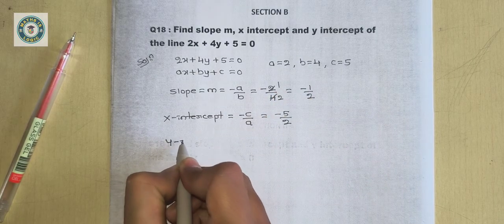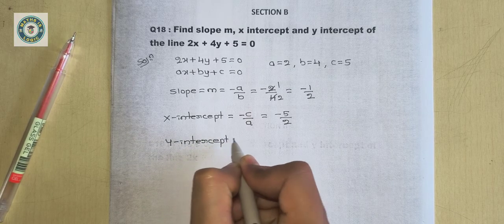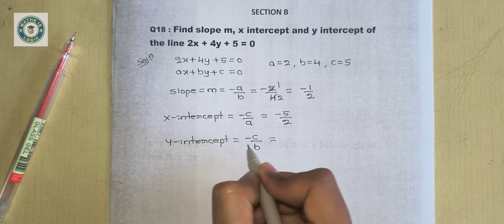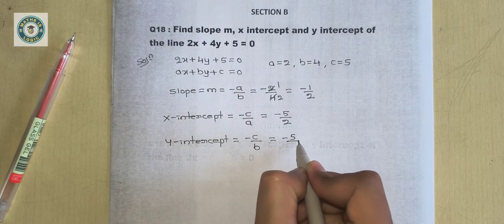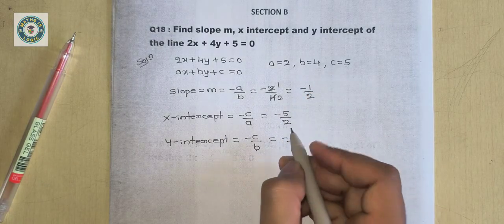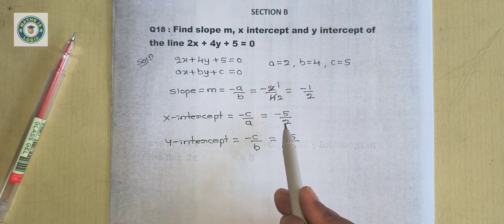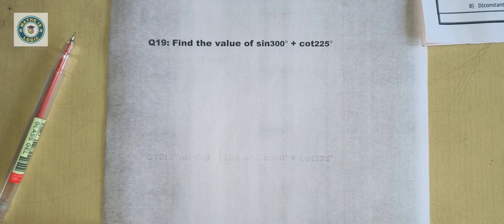After that, the y-intercept formula is minus c divided by b. Here minus is there, keep it as it is. The c value is 5 divided by the b value, which is 4. Therefore, slope is minus 1 by 2, x-intercept is minus 5 by 2, and y-intercept is minus 5 divided by 4.